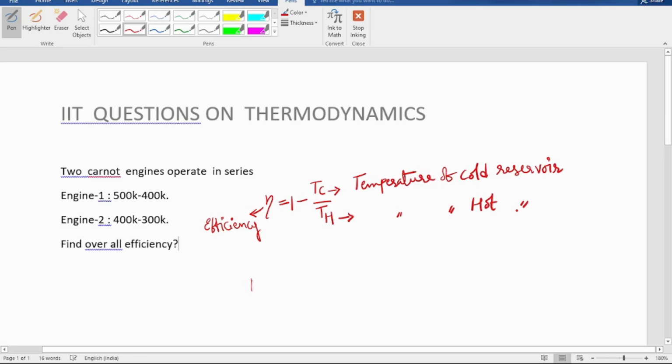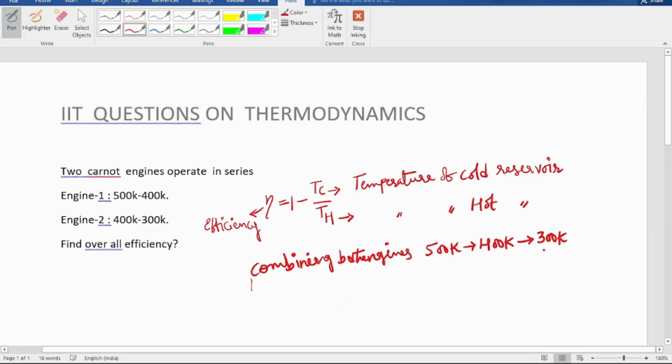Whenever we are calculating, if they give two different engines, we can't directly take them, so we have to combine them. After combining both the engines, 500 to 400 Kelvin, then 400 Kelvin to 300 Kelvin.